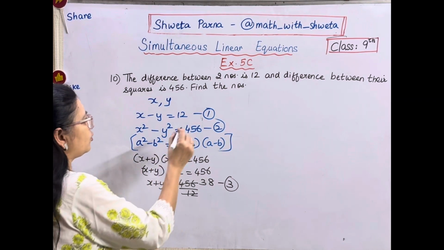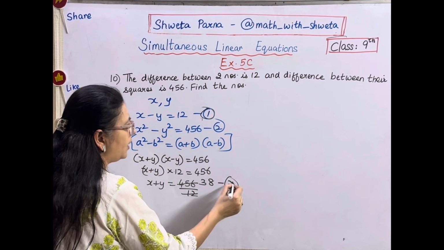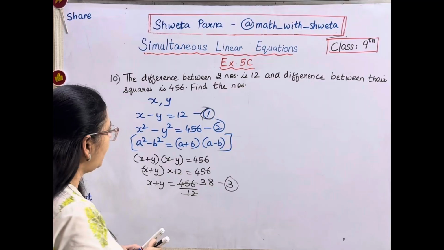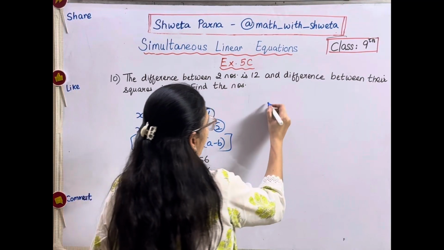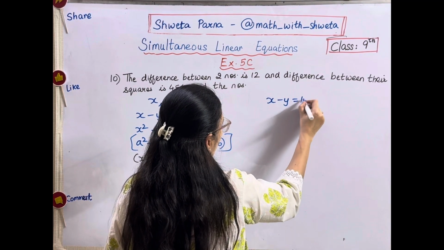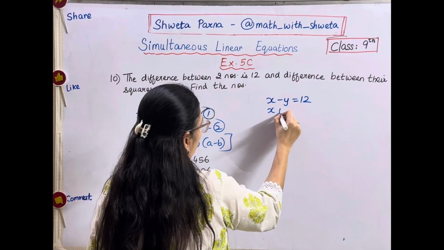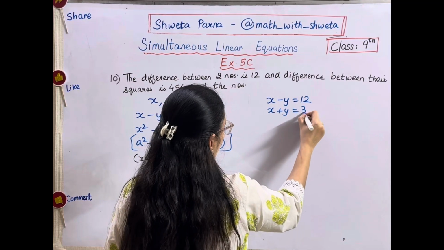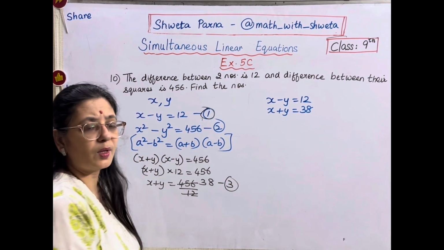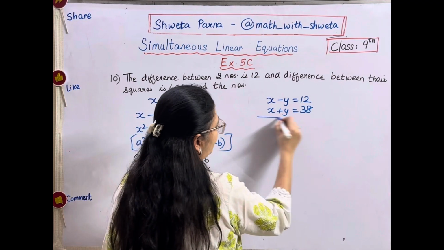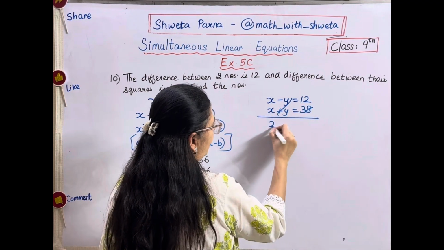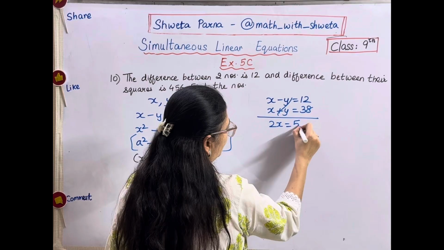Now what are you going to solve? You are going to solve the first one and the third one. Okay, come on, let's do it. x minus y is equal to 12 and x plus y is equal to 38. Now minus y plus y gets cancelled. x plus x is 2x is equal to 50.